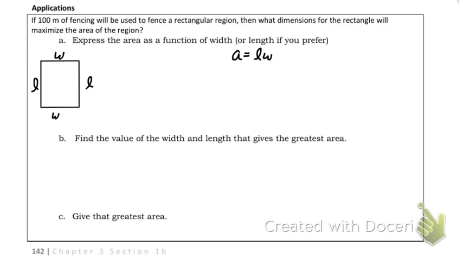What I started with was we have 100 meters of fencing. So we start with that fact first. That has nothing to do with area. That has everything to do with perimeter. So if I have 2w plus 2l, that has to equal that 100 meters. So 2w plus 2l must equal that 100 meters. That is our perimeter.